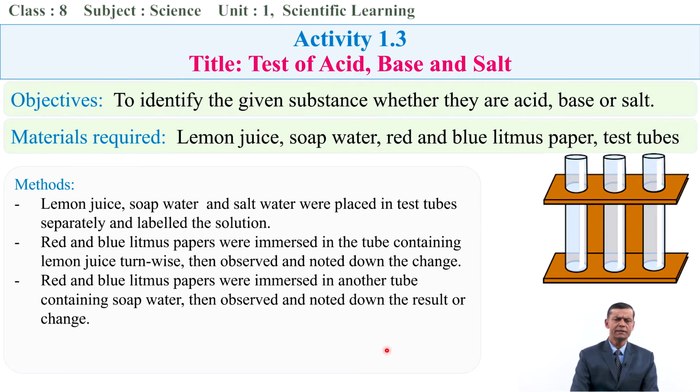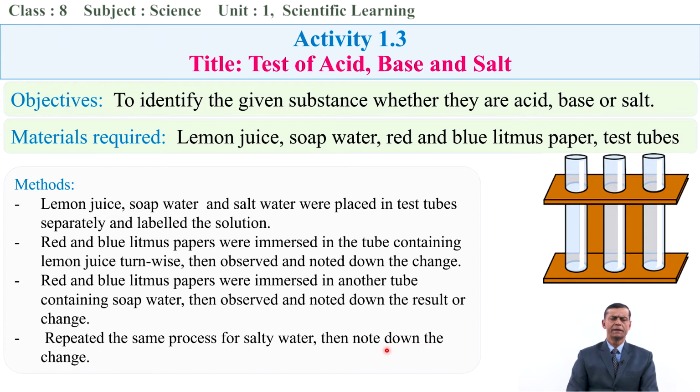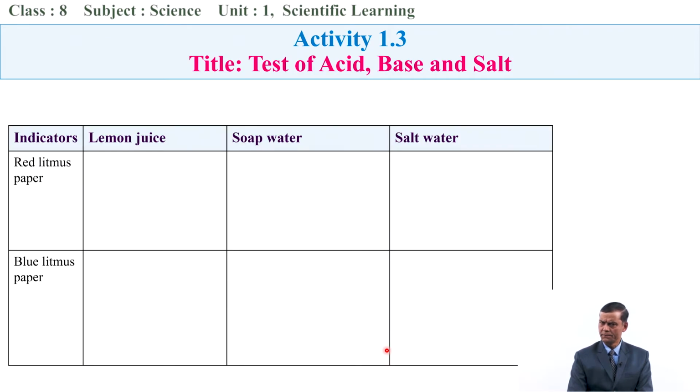So, red and blue litmus paper were immersed in another test tube containing soap water, then observed and noted down the result. What happened? You have also observed. Please note down the result you have observed. Then repeat the same experiment in salty water also. We have repeated, and let's see its result.